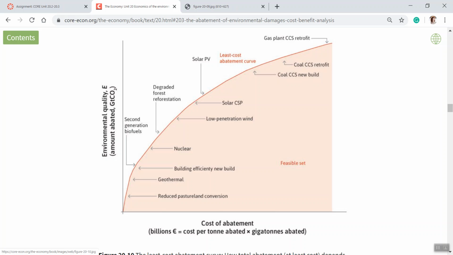It's just not feasible. Like I would love to have a high environmental quality at a low cost, right here where my little finger is, but that just doesn't exist. I can have my high environmental quality, but it's going to cost me a ton of money. So this is what we're looking at, our feasibility set.